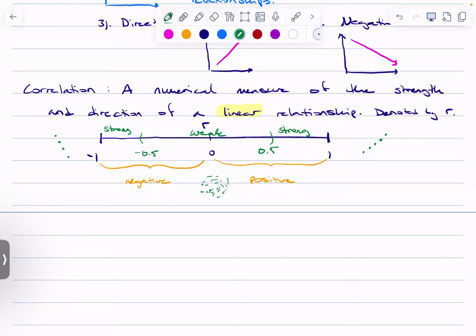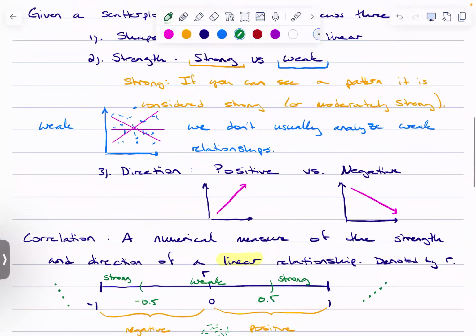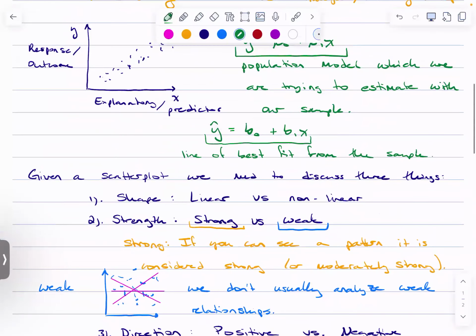Okay. But isn't that what the slope is doing? I know, that's what you're thinking. Well, it is, but that's because the slope incorporates the correlation. The slope is your b1.